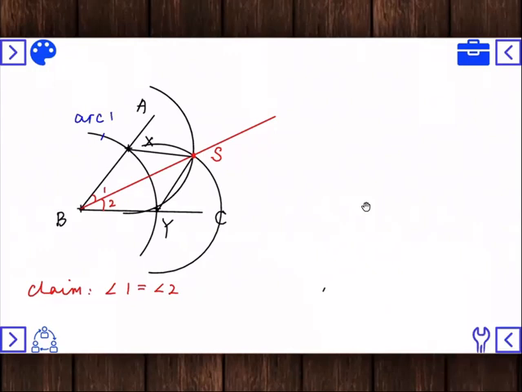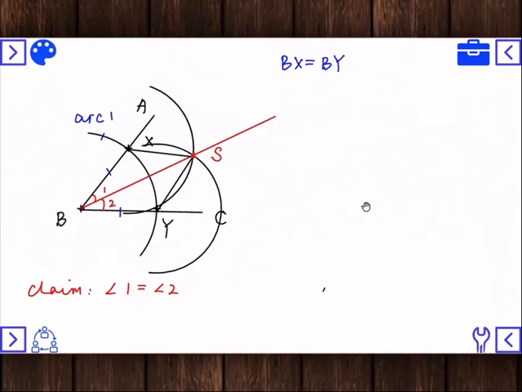And because we drew an arc, the arc cut AB at X and BC at Y. That means BX and BY are equal. So let me write it here. BX is equal to BY. Because these two line segments are two radiuses of the same arc. That's why they're equal, right?